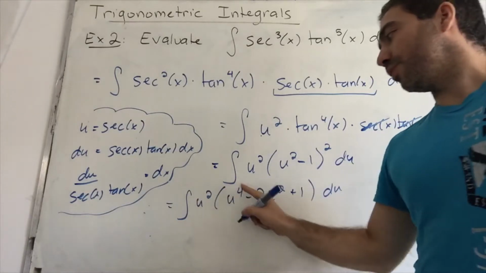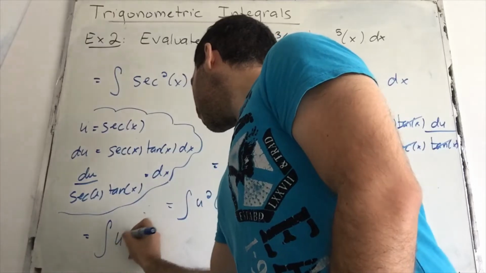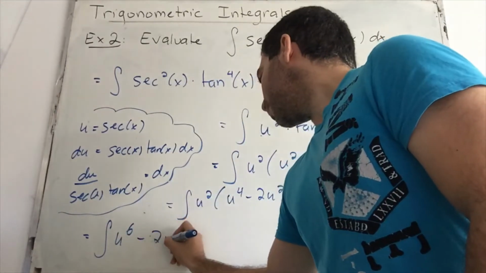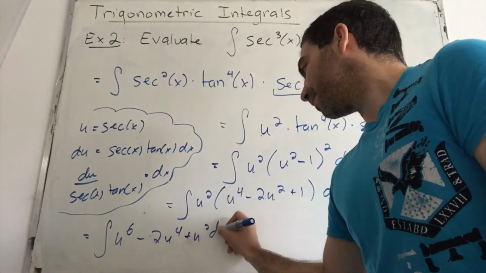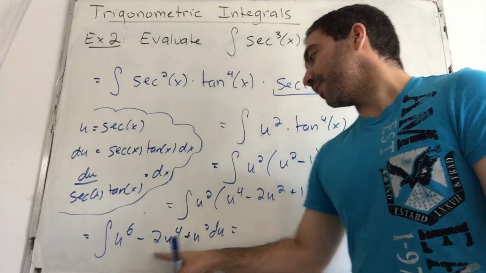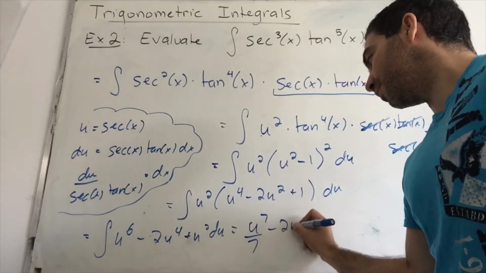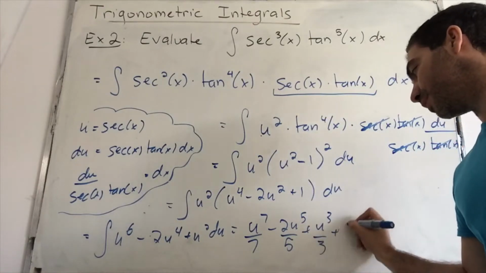And now we distribute the u squared in, giving us the integral of u to the 6 minus 2u to the 4 plus u squared. And now we integrate each term individually, giving us u to the 7 over 7 minus 2u to the 5 over 5 plus u cubed over 3 plus c.